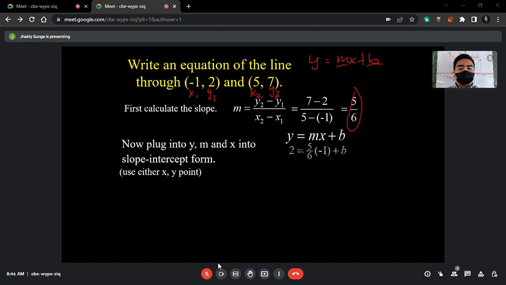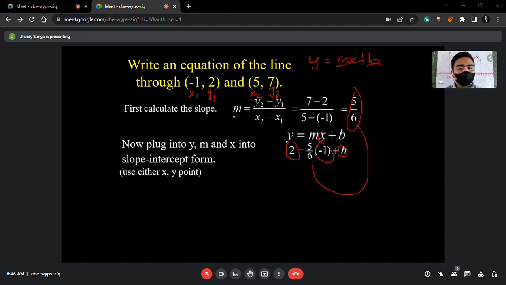First is 2 is equal to 5 over 6 times negative 1 plus b. As you notice, we substituted the value of m here, that's why it became 5 over 6, and b stays the same.